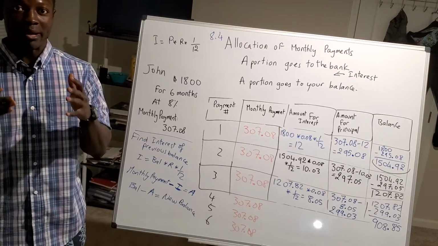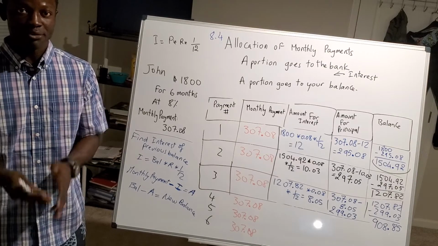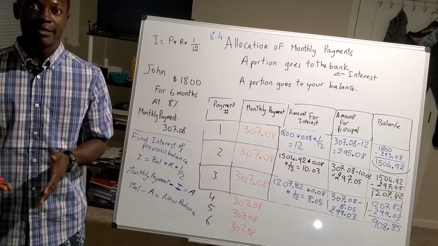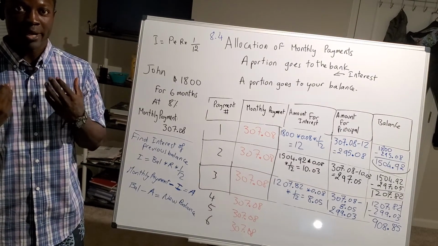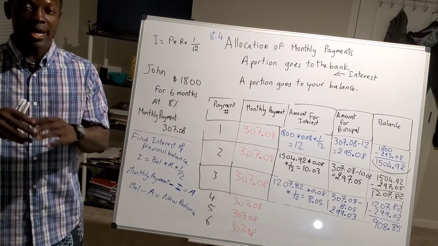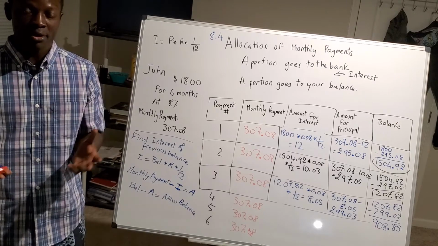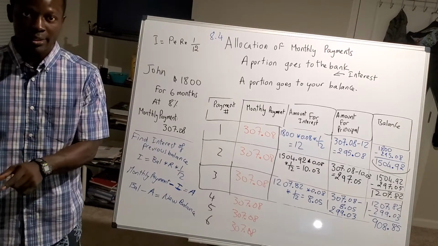Find the interest of my balance. Interest equals balance times rate times 1/12, right? And then I know my monthly payment, because the bank has to take interest on the actual balance that is still in my name, right? After I already know that, I go through my monthly payment and subtract that amount.